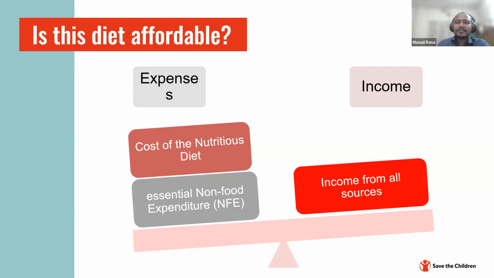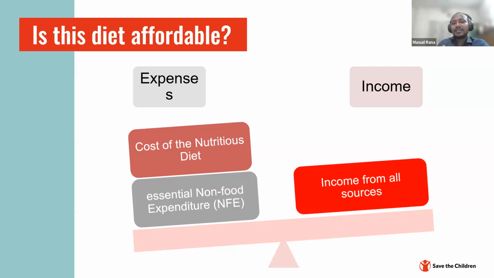So in the affordability analysis, we don't think about the food cost alone, because people have other non-food expenditures that are essential: medical bills, school fees, electricity bill, fuel cost, right? People have to spend money from their cash income on those things. So when we are calculating affordability and cost of the diet, we consider both food and non-food expenditure.